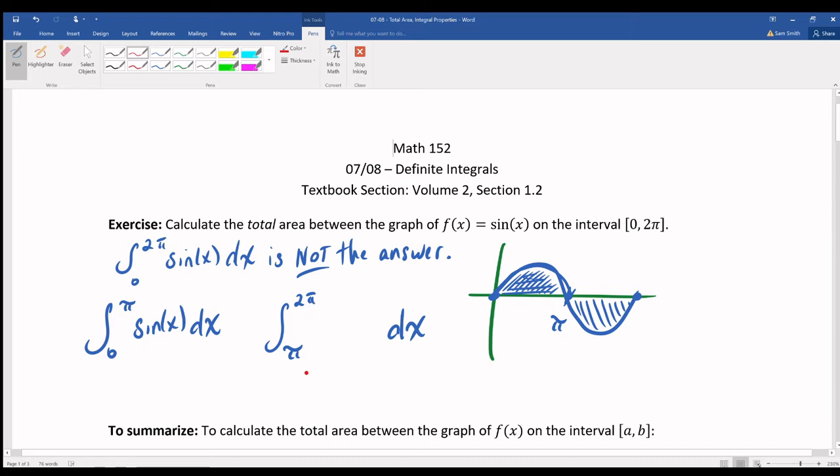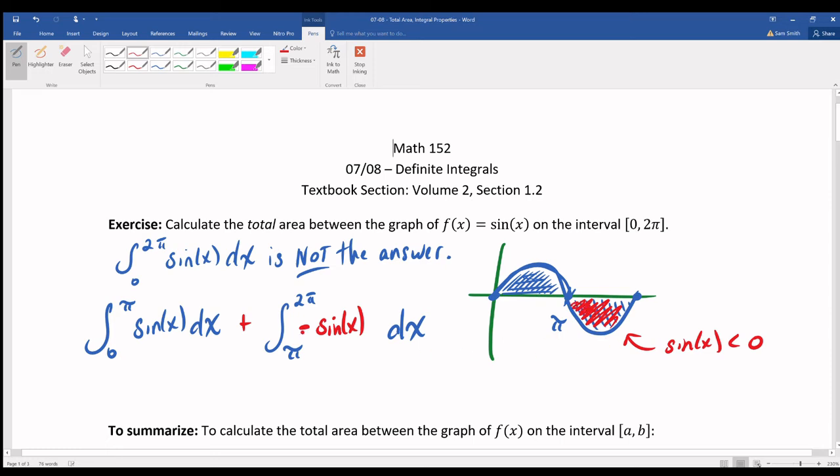But on the range of x values from pi to 2 pi, where sine of x is negative, I'm going to counteract the fact that the definite integral will treat this as a negative area. I will counteract that negative and cancel it with a second negative sign.